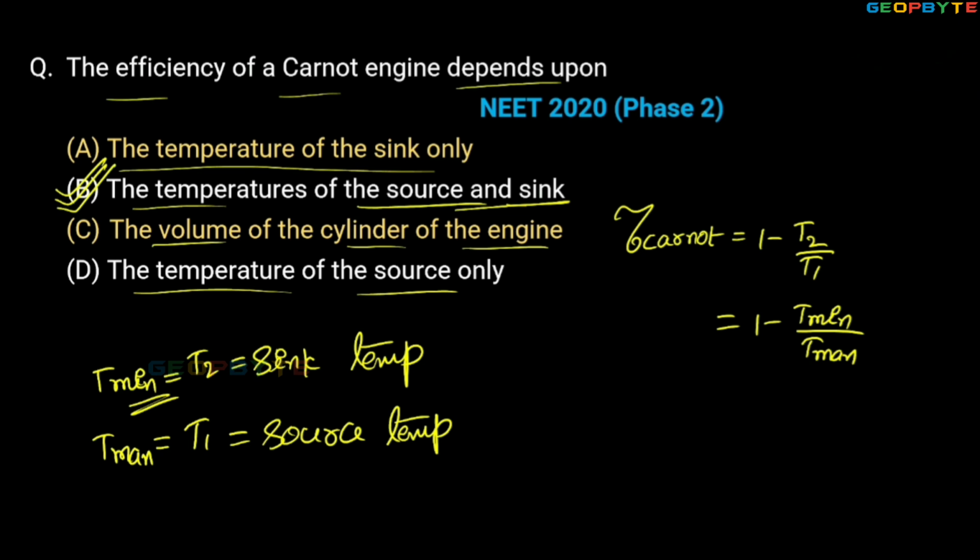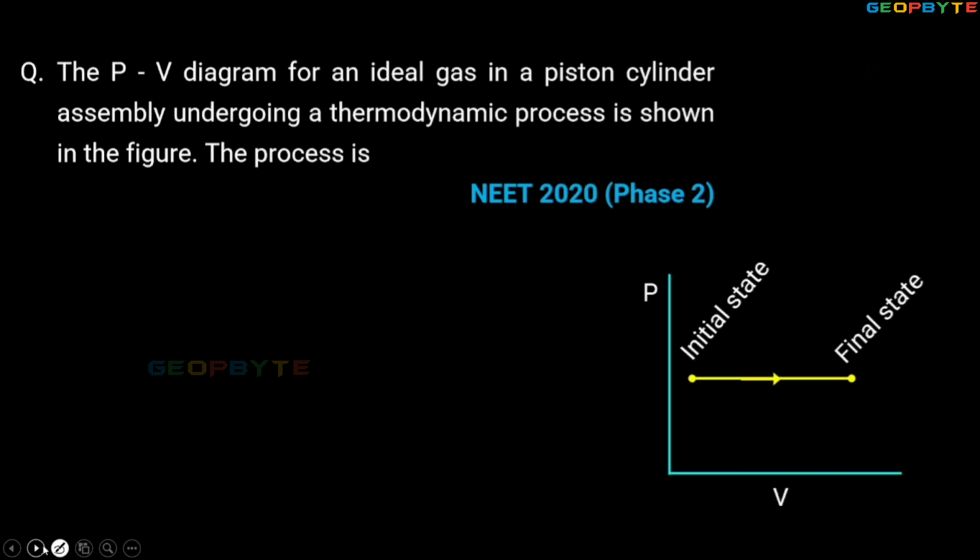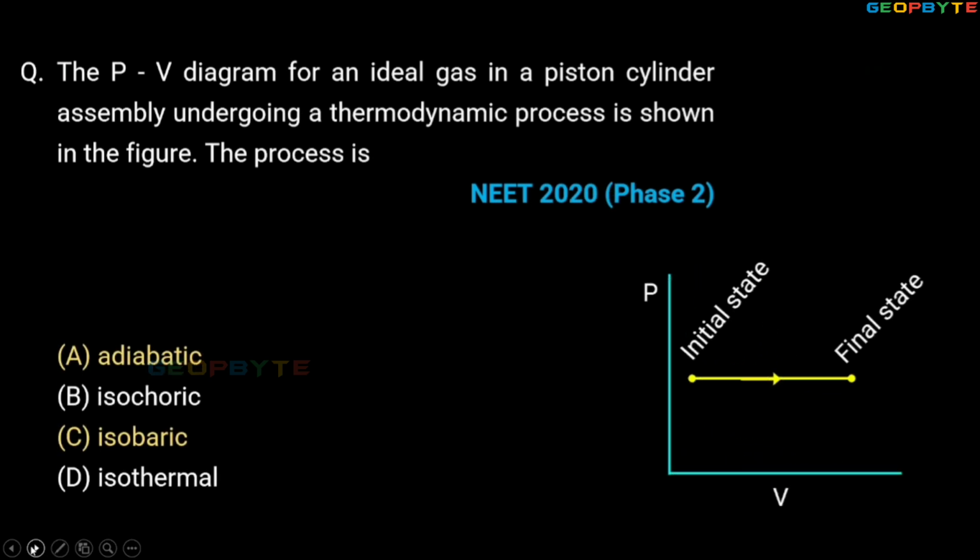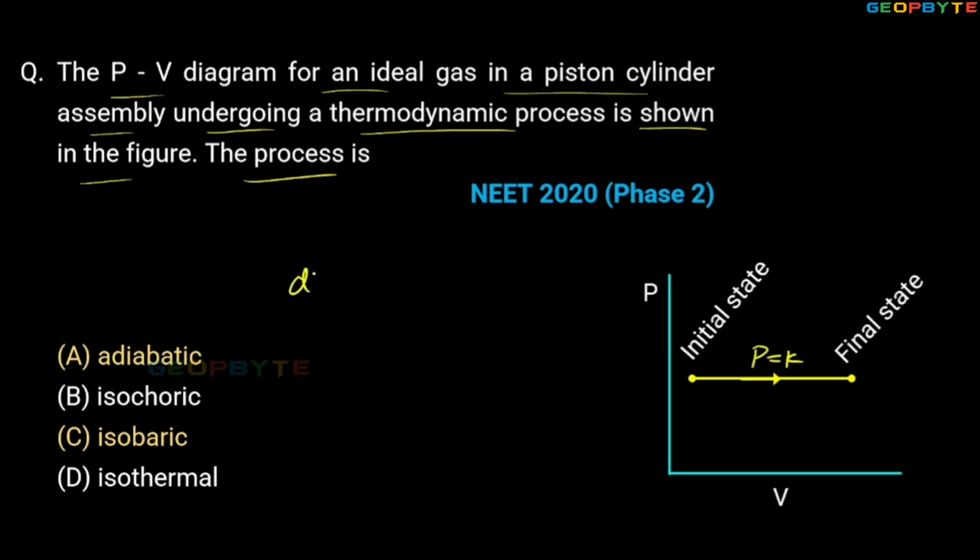Okay. Similarly, let us take another important problem. It is asking like this. The PV diagram for an ideal gas in a piston cylinder assembly undergoing a thermodynamic process is shown in the figure. The process, in the PV diagram, is marked as a horizontal line, meaning constant pressure, where dP remains 0.